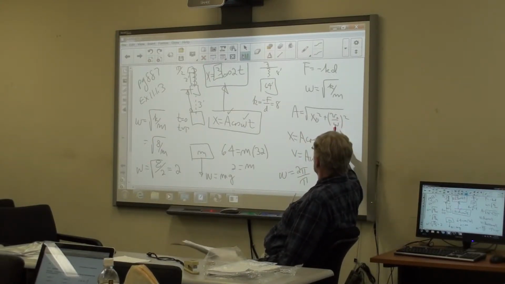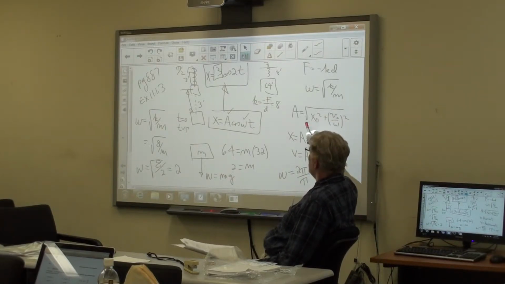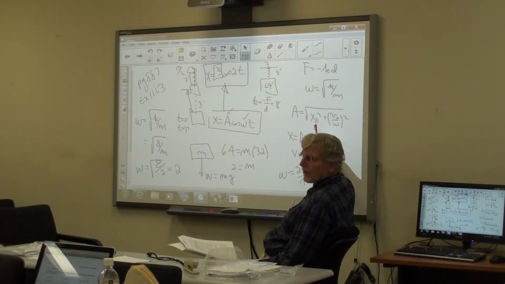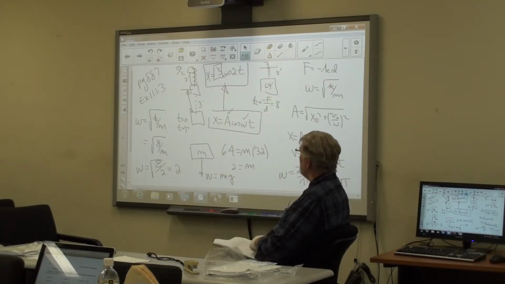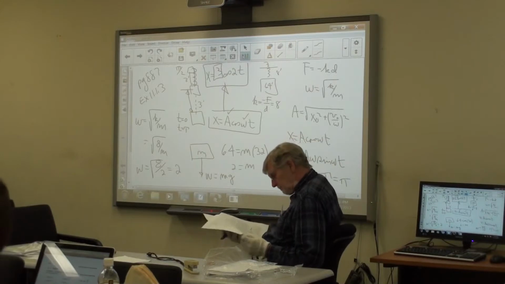So what is 8 divided by 2? 4. What's 4 squared? 16. And what is 3 squared? 9, agreed? Yes. And what's 9 plus 16? 25. And square root of 25? 5. So the new part of the problem, the 3 is replaced by a 5.